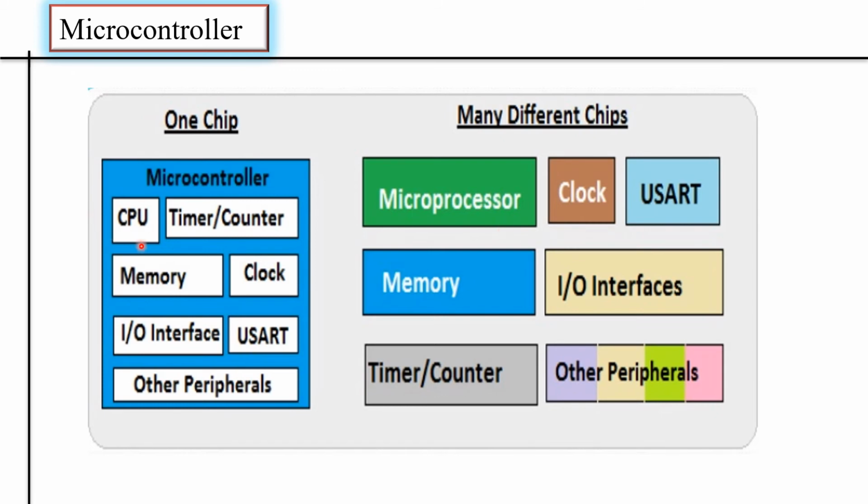Microcontroller includes RAM, ROM, input output devices and timer in a single chip. Microprocessor does not contain them on chip; see, they are outside. IO ports, timer and memory, etc.